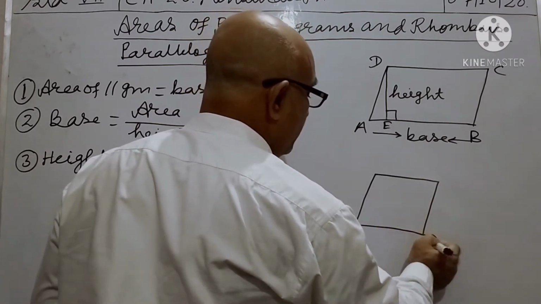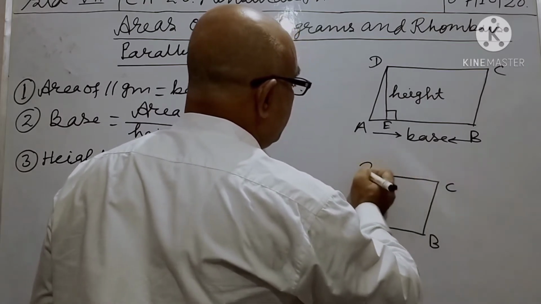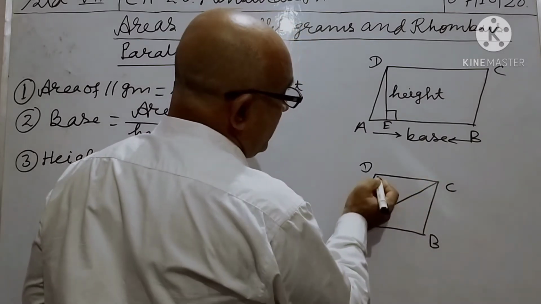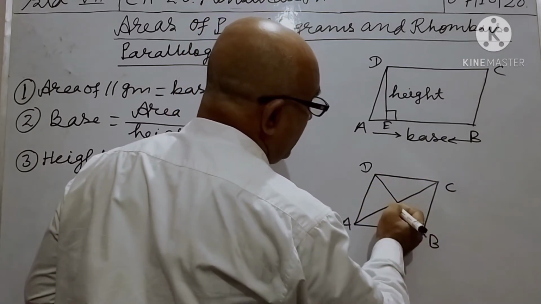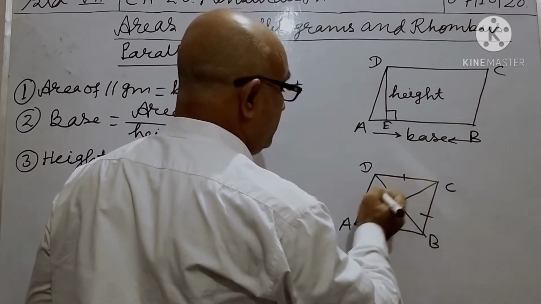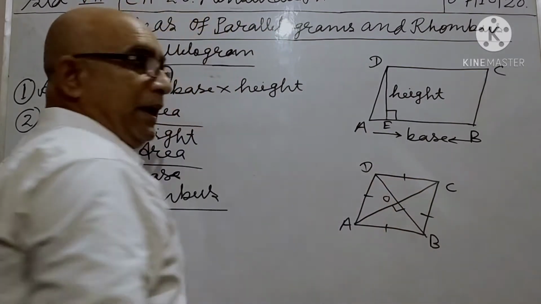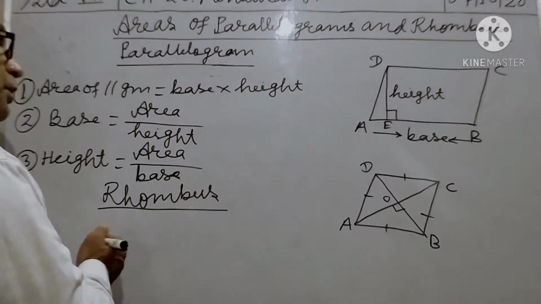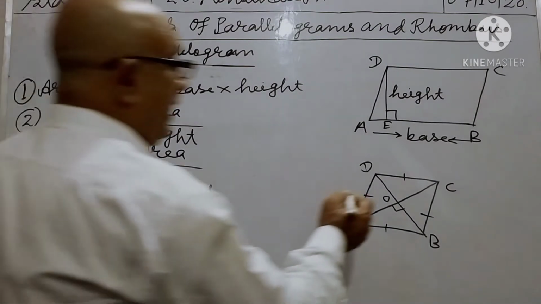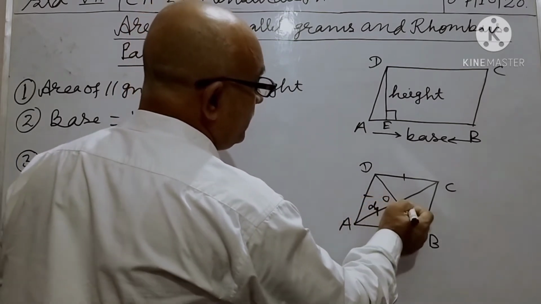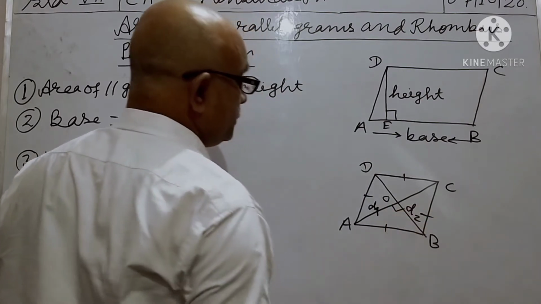Diagonals of a rhombus bisect each other perpendicularly. Suppose the first diagonal is D1 and the second diagonal is D2.